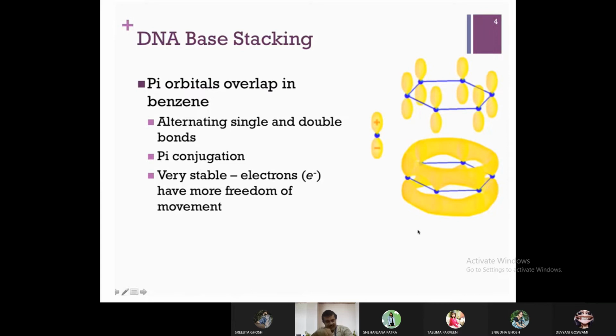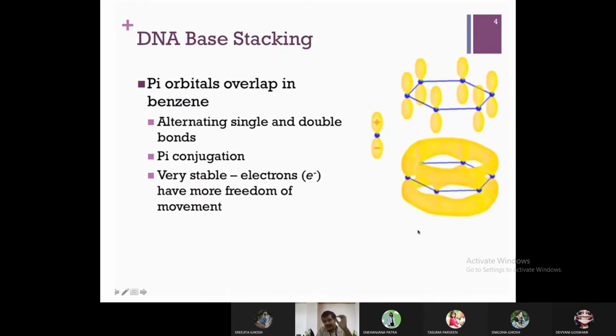In physiological pH, all DNA bases are in the keto form, but in chemistry there is nothing called 100%. There is a tiny fraction of the bases in the enol form also. We call this keto-enol tautomerism, and the bases have some aromatic character.